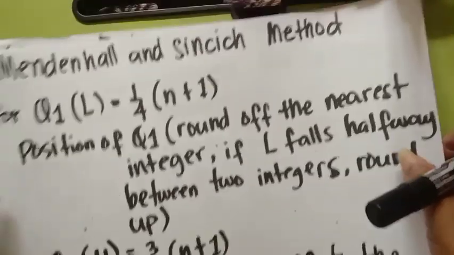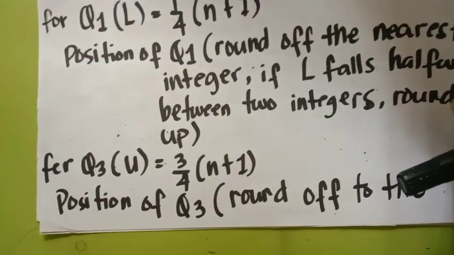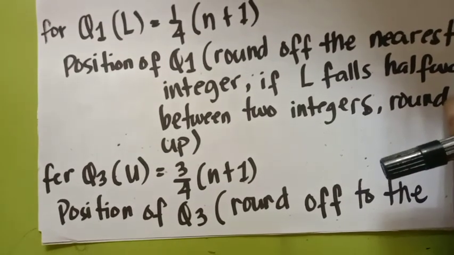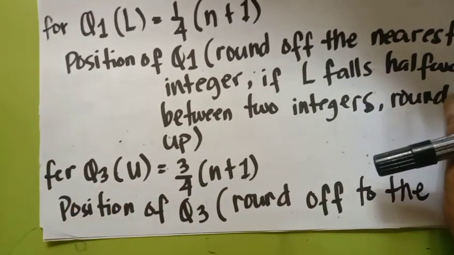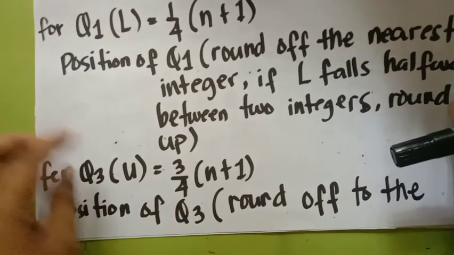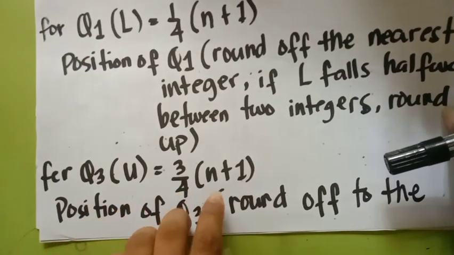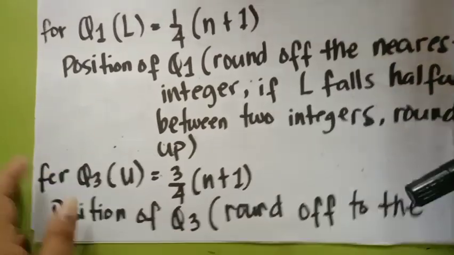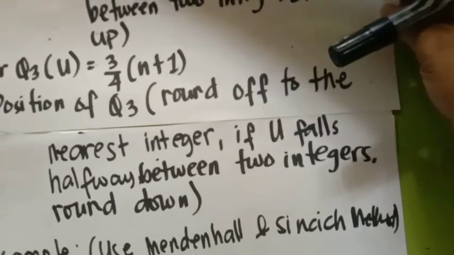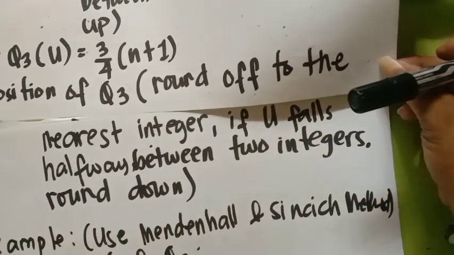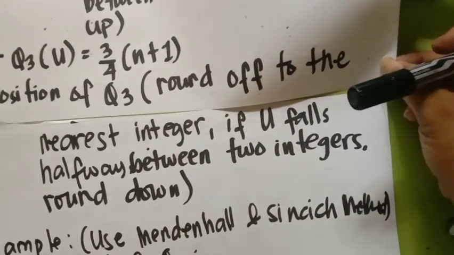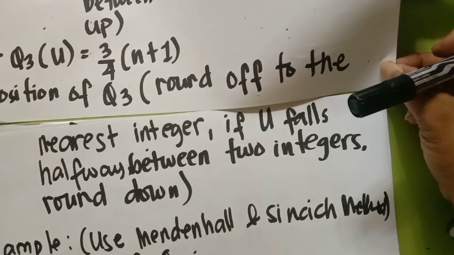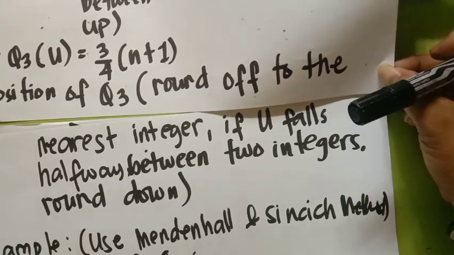Round up. Okay? Kapag naman Q3 or U, upper quartile, we use the formula 3/4 times the quantity n plus 1. That is the position of Q3. So, ganun din, magra-round off tayo to the nearest integer. If U falls halfway between two integers, round down.